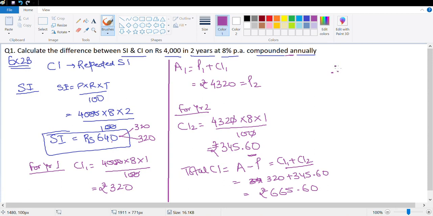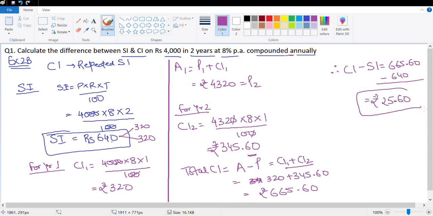They want us to find the difference between CI and SI. So compound interest minus simple interest is equal to 665.60 minus 640, which is equal to rupees 25.60. So that's the correct answer. Difference between compound interest and simple interest is 25 rupees 60 paisa.